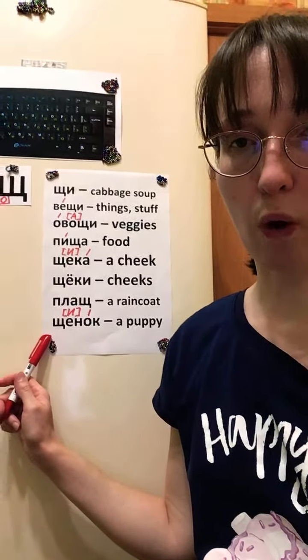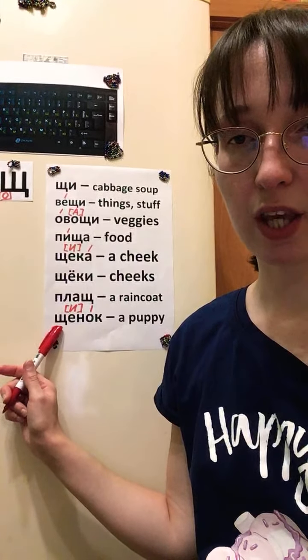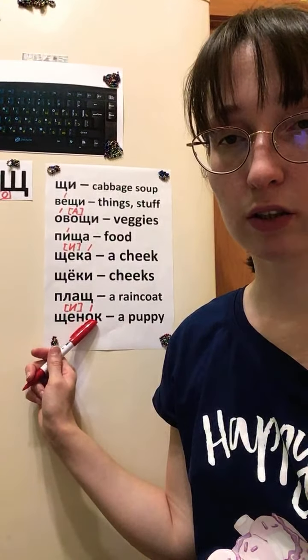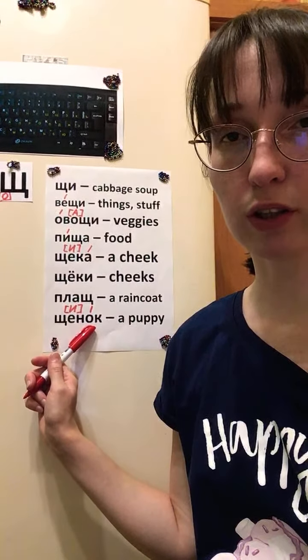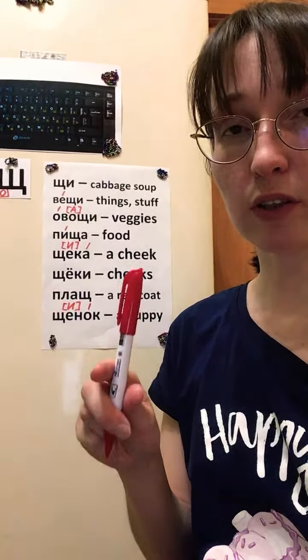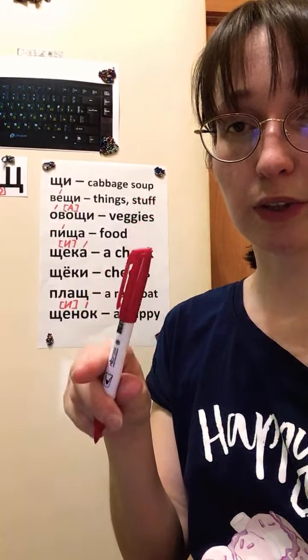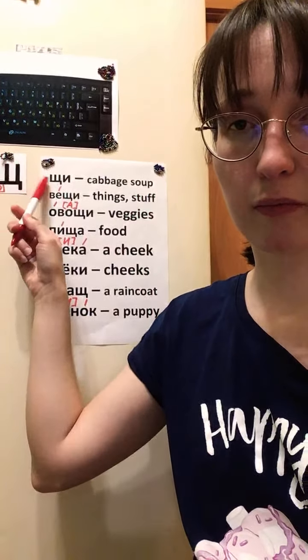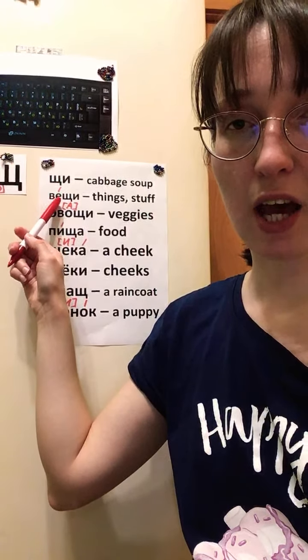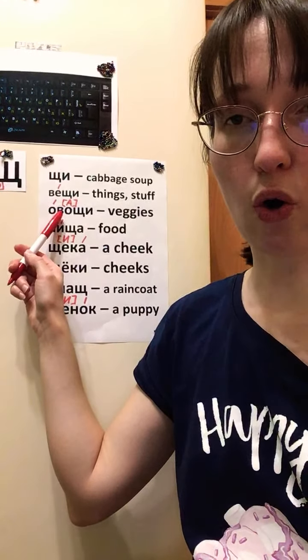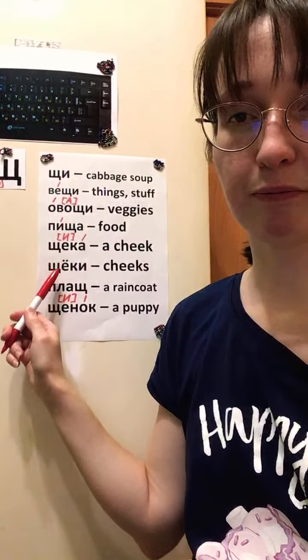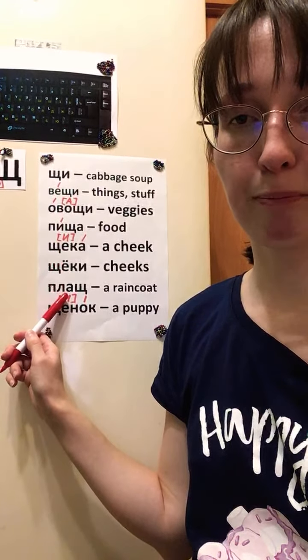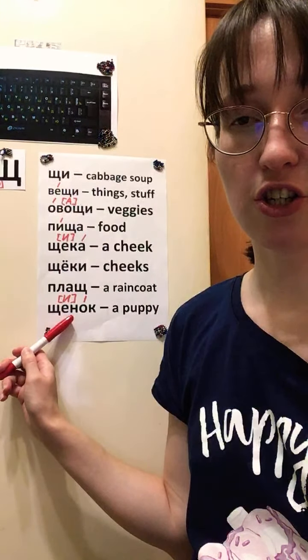Read it. Щенок. Now I'm going to read all these words really fast. Follow me. Щи. Вещи. Овощи. Пища. Щека. Щеки. Плащ. Щенок.